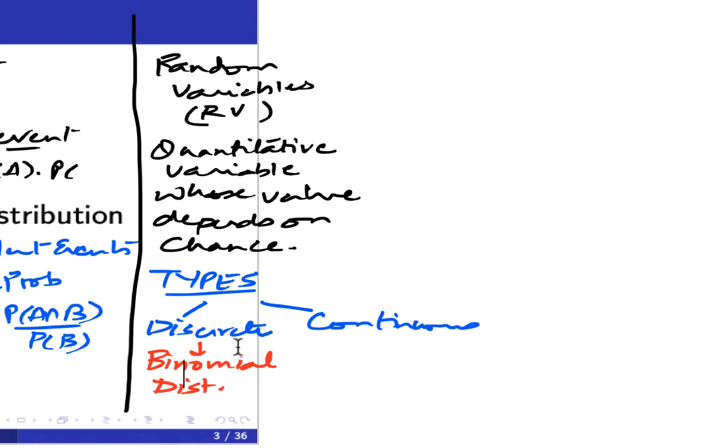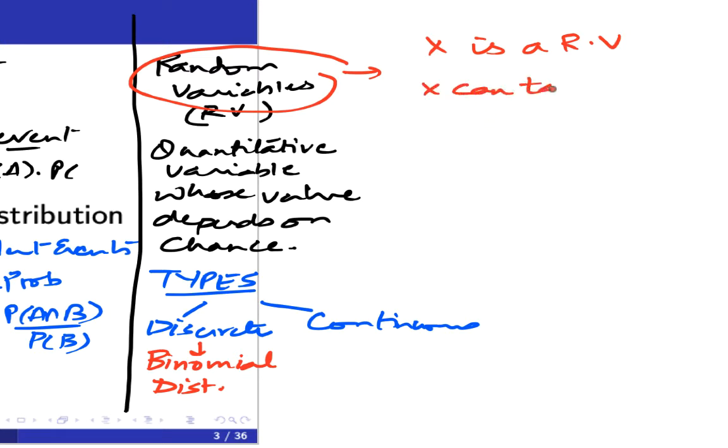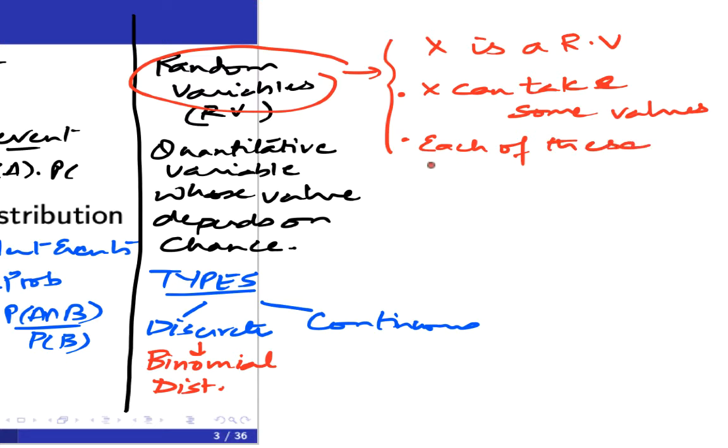Okay, now a very important aspect of random variables is that if I say x is a random variable, what it simply means, in simple words, is that x can take some values. There are two important parts, guys, keep that in mind. Each of these values has a probability.